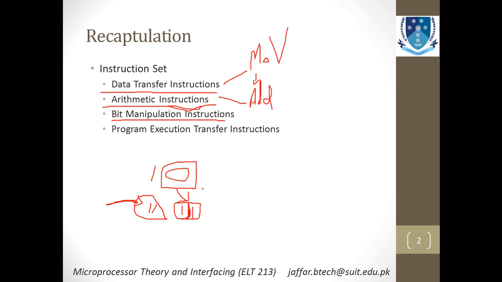This is just 2 bits. Imagine there are 100 bits: 2 ones and 98 zeros, with one 1 at the start and another 1 at the end.